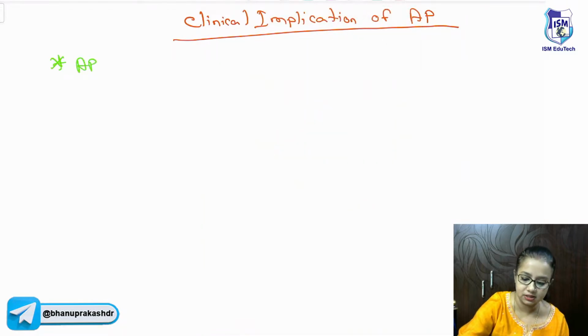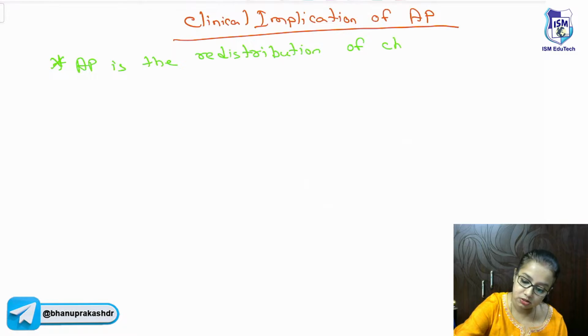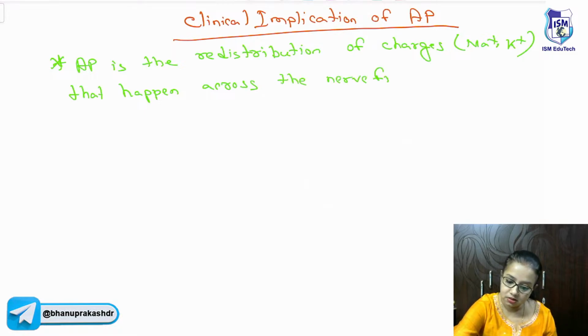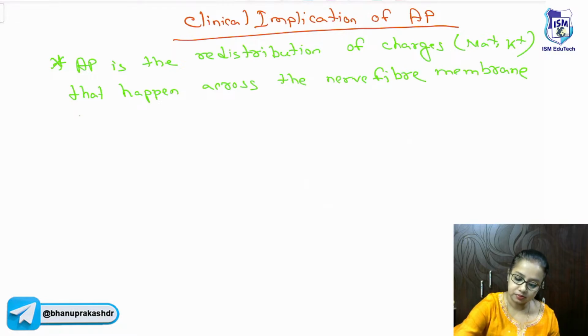So, action potential is the redistribution of charges, that is the cations, that happens across the nerve fiber membrane upon stimulus, right?